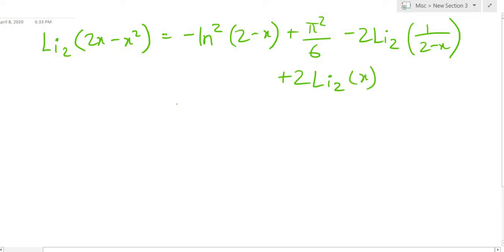So basically we have to make a wise choice for x. The best choice we can make is let x equal 1 minus square root of 2.